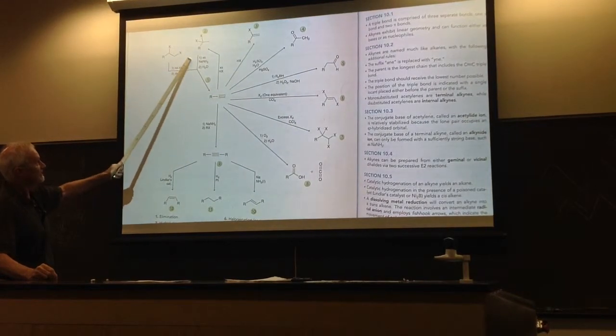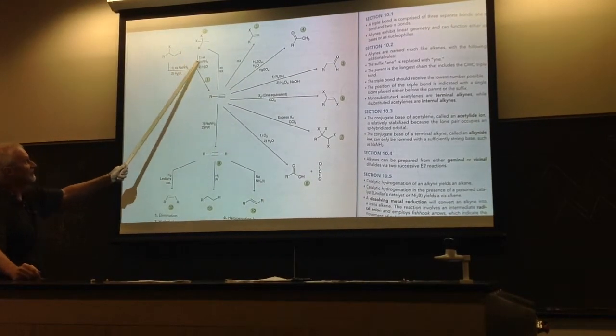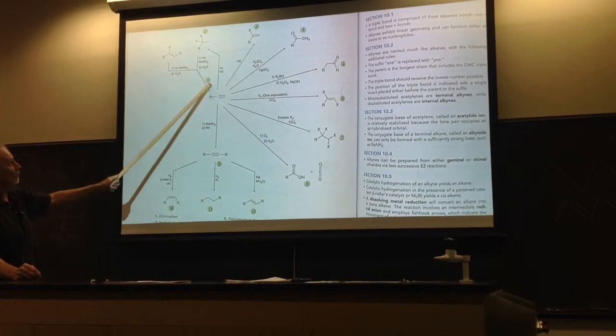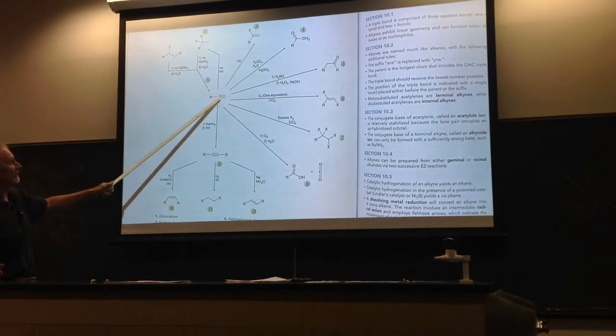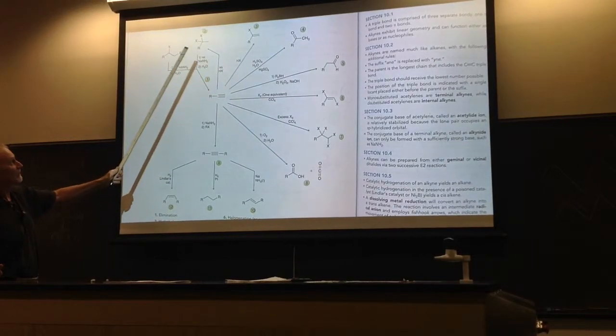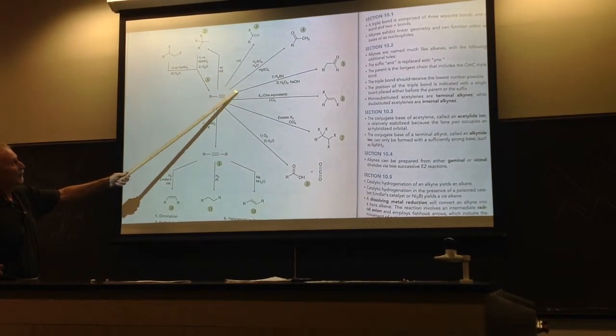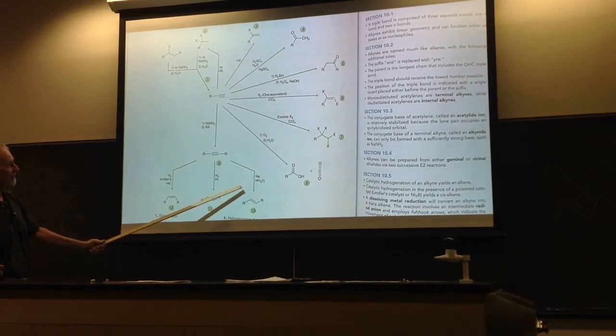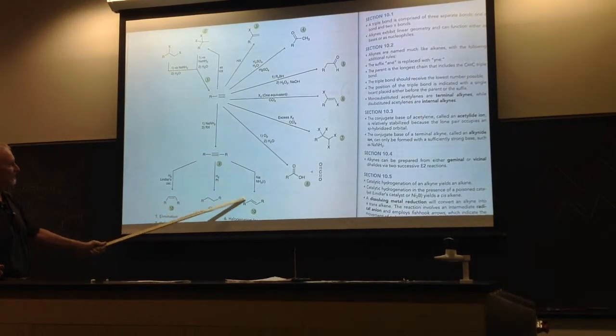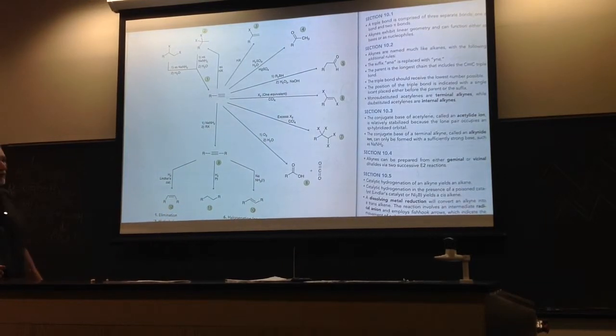So here, this is elimination. Reaction number 1 is elimination. You're eliminating hydrogen and halogen to make an alkene. Reactions 3, 4, 5, 6, 7, 9, 10, 11, and 12 are addition.